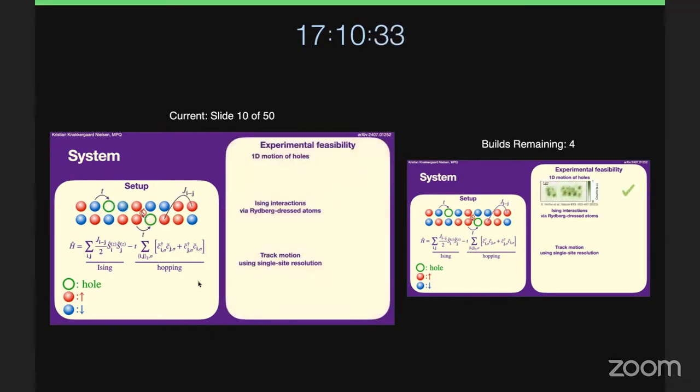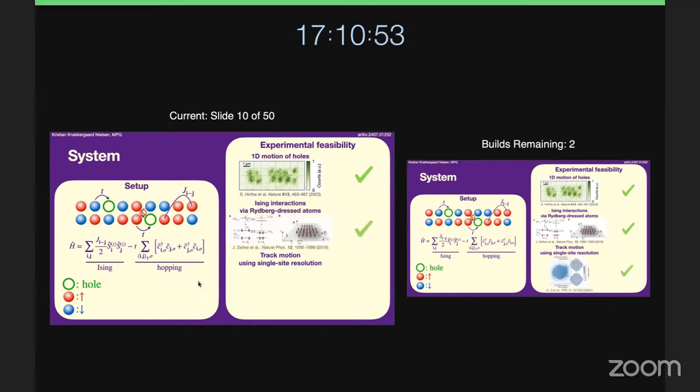Now, importantly, and what I want to specify right away, even though this might look a bit artificial, it is actually implementable experimentally. For example, the 1D motion of the holes was realized in this experiment with the Heisenberg ladder. The Ising interactions can be induced by using so-called Rydberg dressing, and the non-equilibrium motion of the holes can be tracked using single-site resolution.